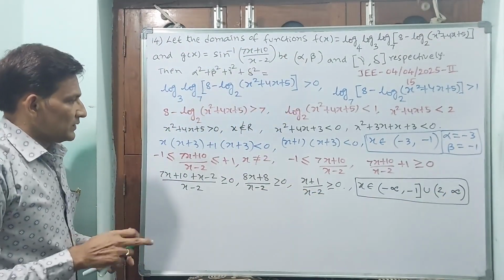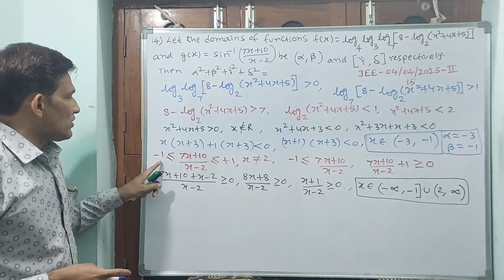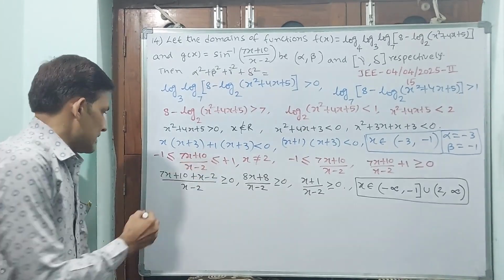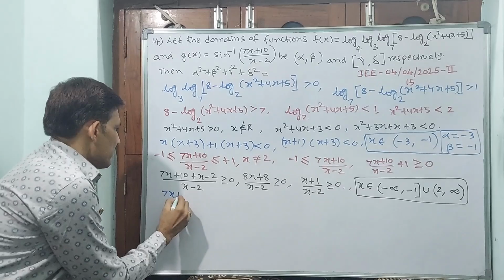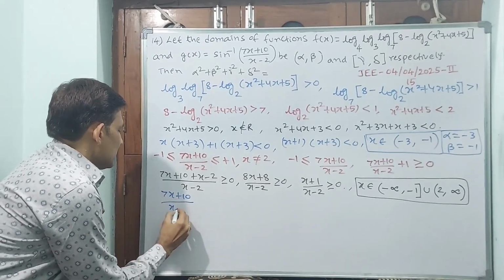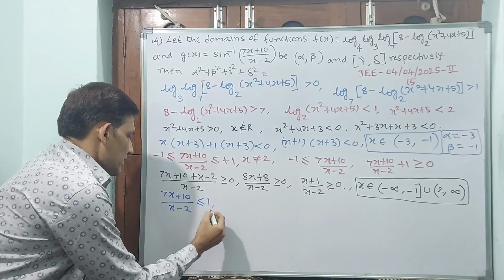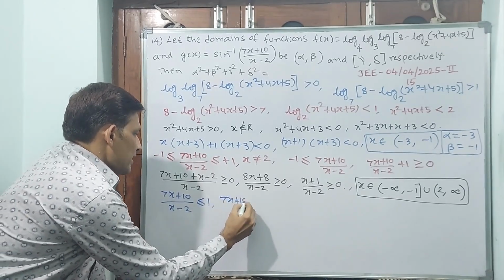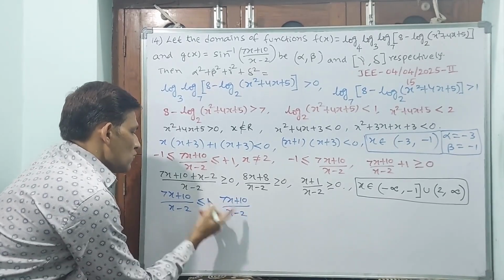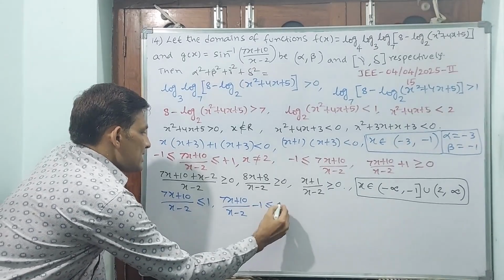Okay, now come back for the next one. We have seen minus 1 only; plus 1 also we have to see. Let us write (7x plus 10) by (x minus 2) is less than or equal to 1 plus 1. Now (7x plus 10) by (x minus 2) minus 1 is less than or equal to 0.